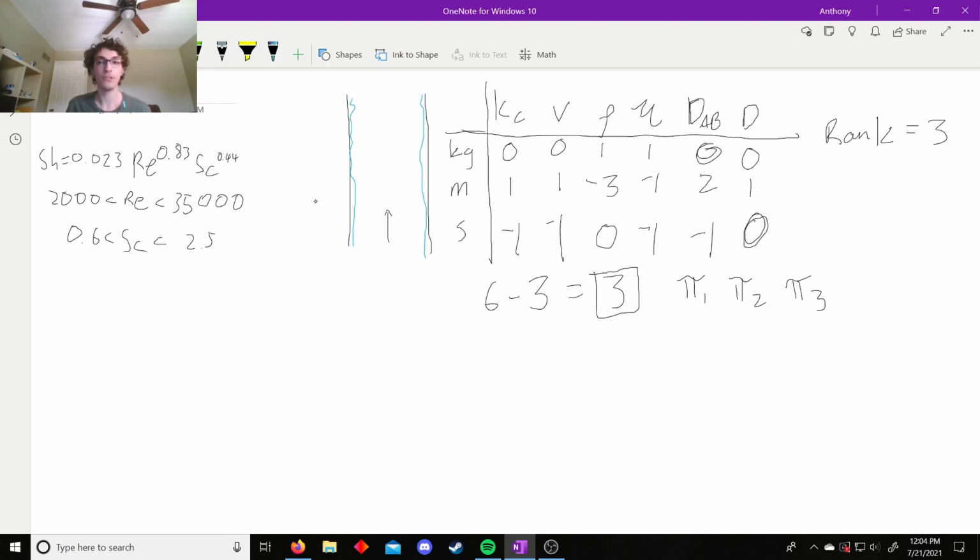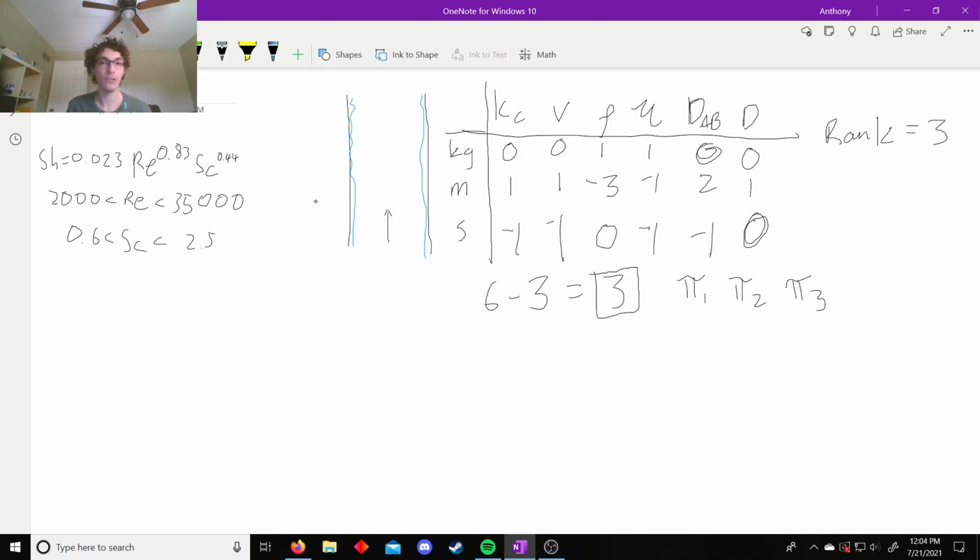So our core group is going to contain 3 variables, and each unit has to appear at least once. Each unit has to appear somewhere in that core group.